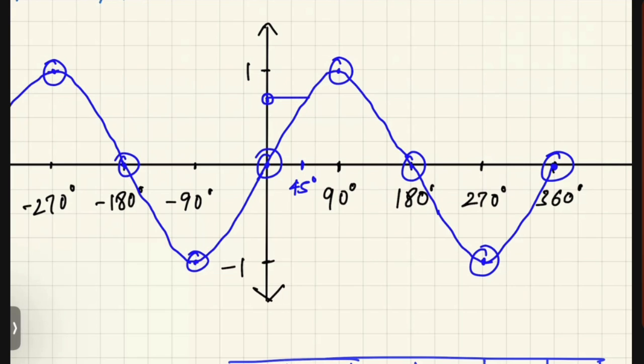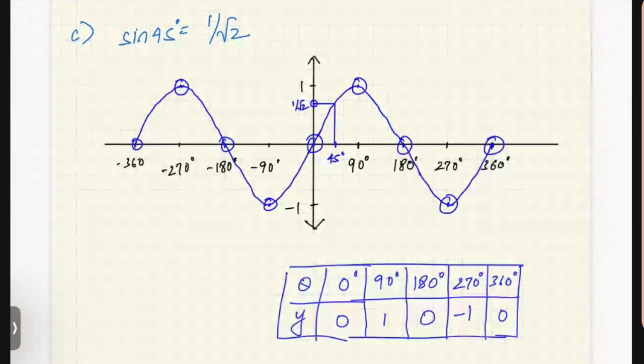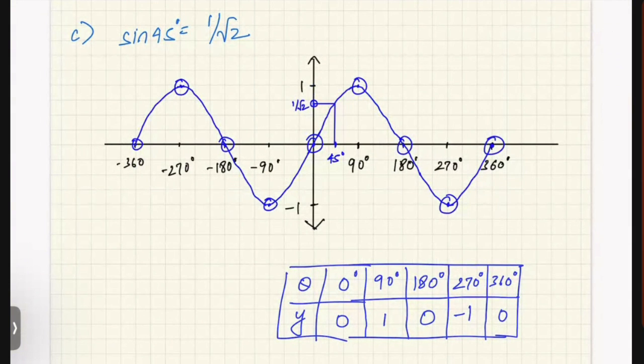It should look like it's at 45 degrees. I want this to meet exactly at this point. So 45, 45. Now it's clear. This is 1 over root 2. Any doubts about this?